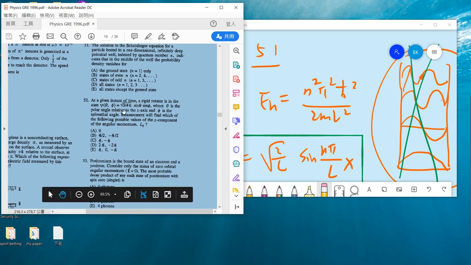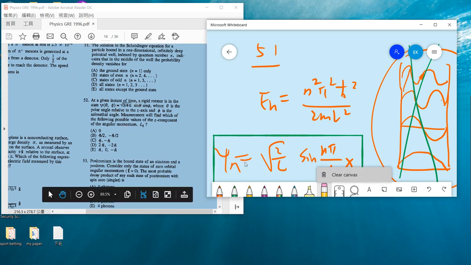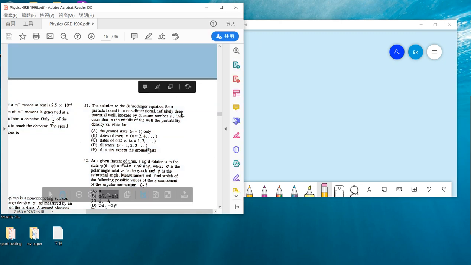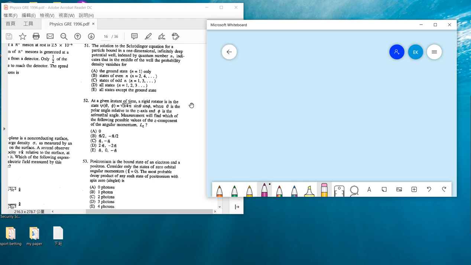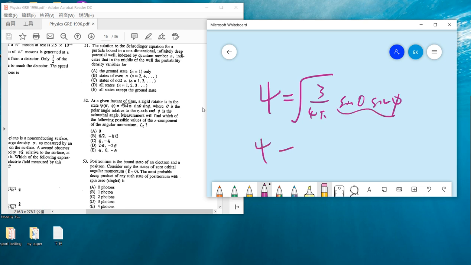So 52. Okay, 52 is also about quantum mechanics. You have a rotator, and it asks you about the z component, which is the possible z component. If you remember clearly, this phi basically corresponds to the so-called spherical harmonics.